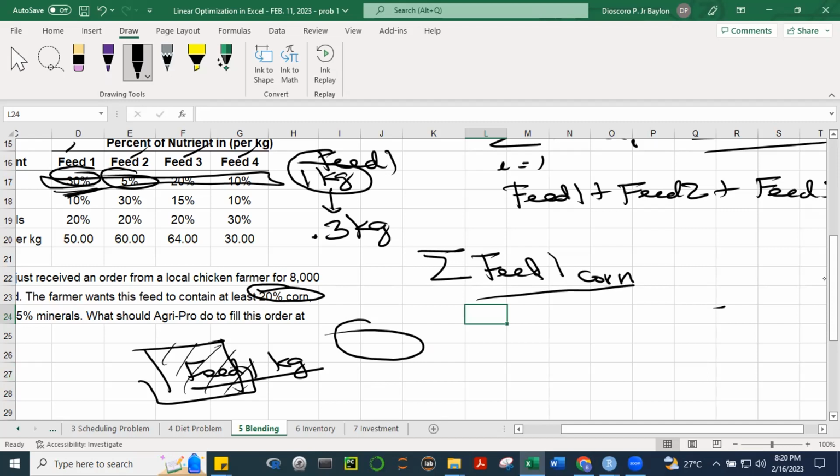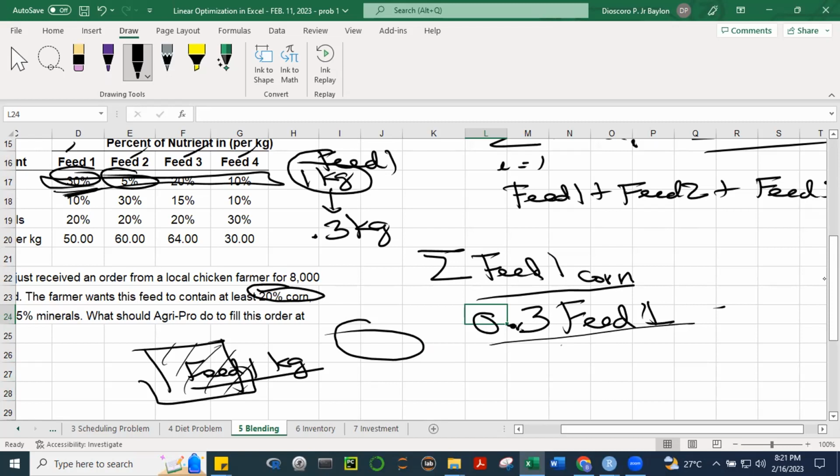How many kilos of corn? So that should be 0.3 times feed 1. This is the number of corn in kilograms that will be generated from using feed 1 kilograms.